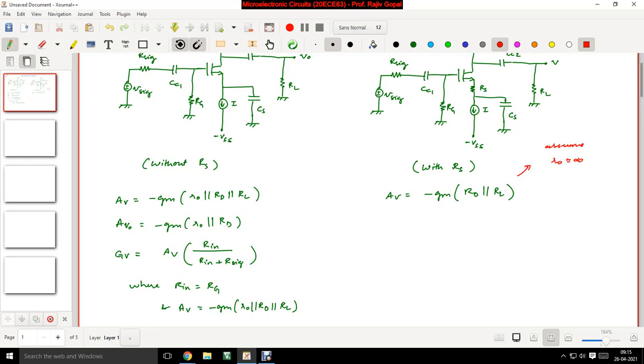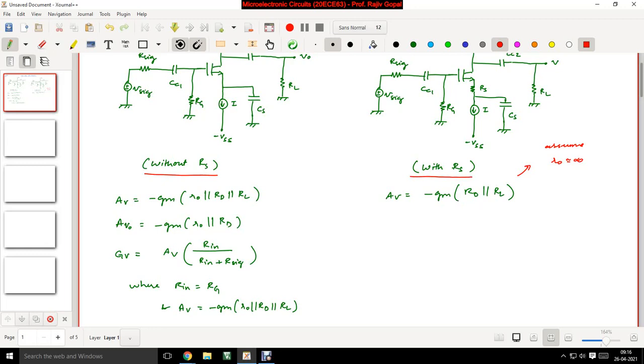The reason is that without Rs, we replace the MOSFET with a small signal model, which has R naught, but in the case of with Rs, we replace the MOSFET with a T model, not the hybrid pi model.